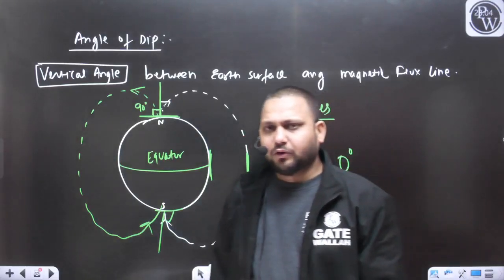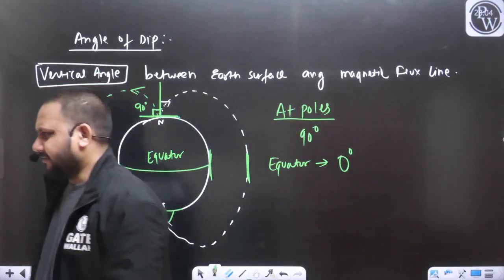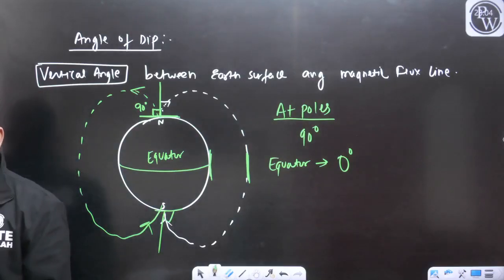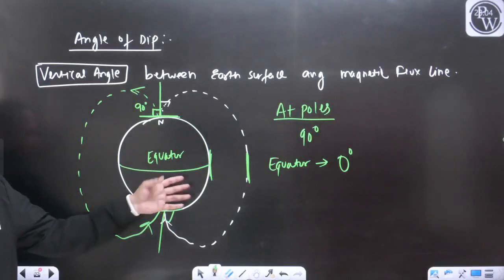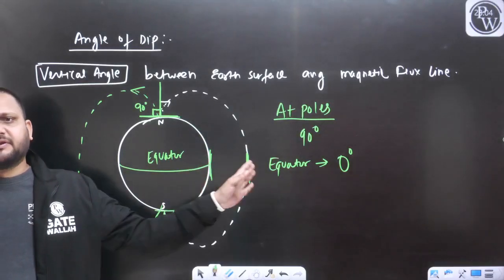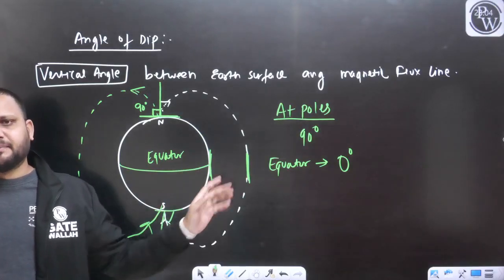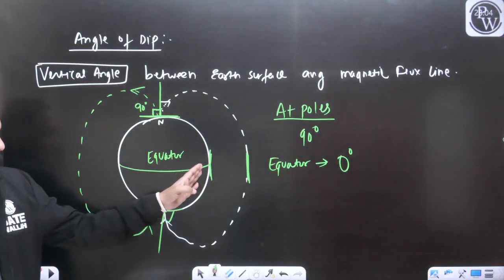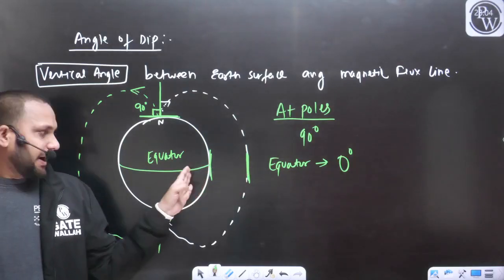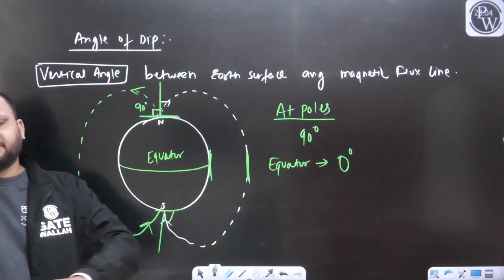So if I talk about the poles, the angle of dip is going to be 90 degree. If I talk about the equator, there will be no vertical angle between the earth surface and magnetic flux line, because both are going to be parallel to each other at the equator.